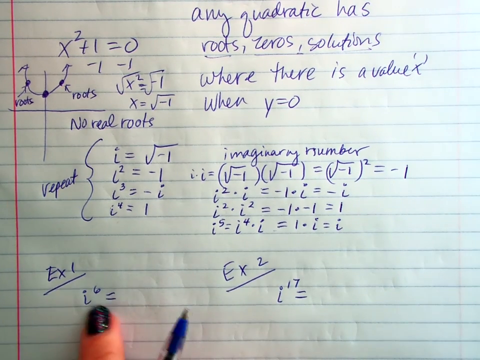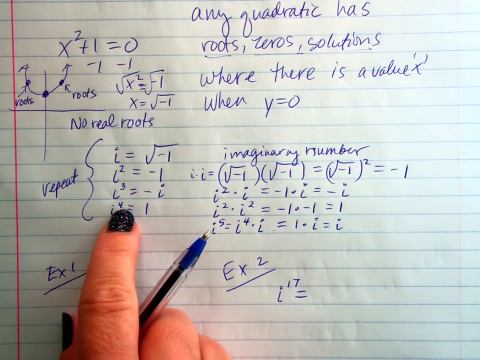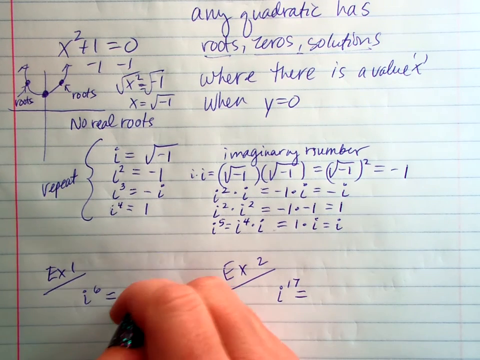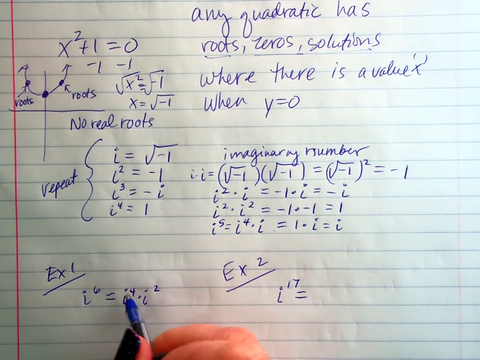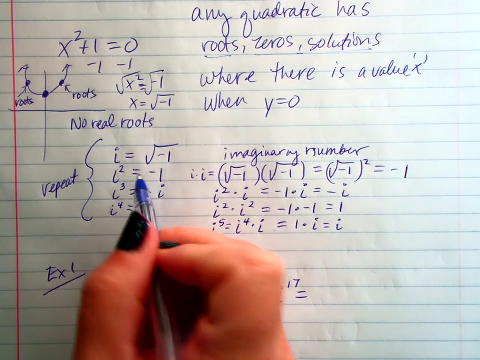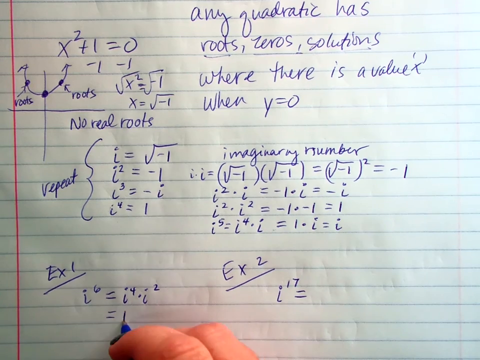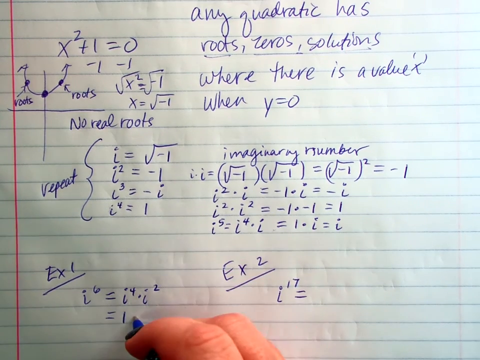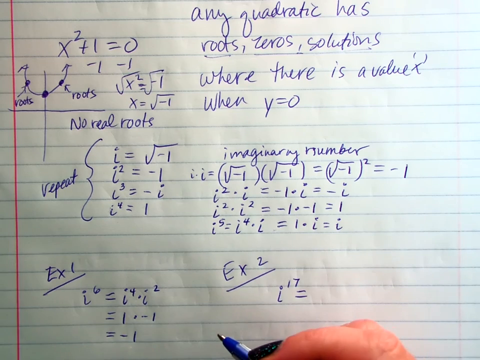So we can break up these imaginary letter i's. i to the 6th could be broken up into i to the 4th times i squared. Why did I break it up into those? Because we have the definition of those already. So i to the 4th is known as just 1. i squared is known as -1. So the result of i to the 6th is just -1.